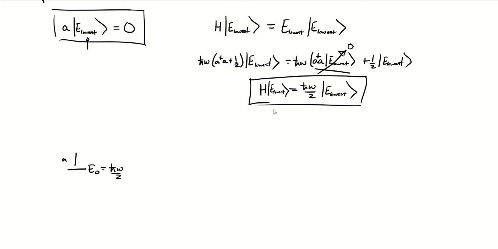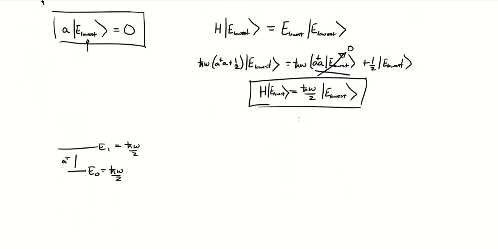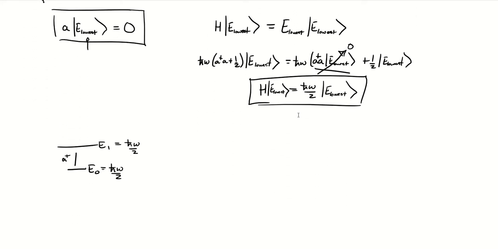We could operate with our raising operator and get to E1, and that would be just h bar omega over 2 plus this h bar omega there. So plus h bar omega. Then we could use the raising operator again to get to E2, and that would be h bar omega over 2 plus 2 h bar omega, and so on and so forth.